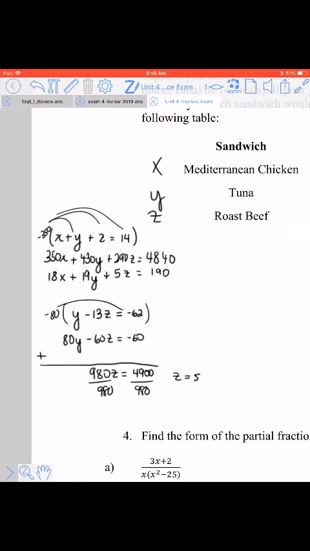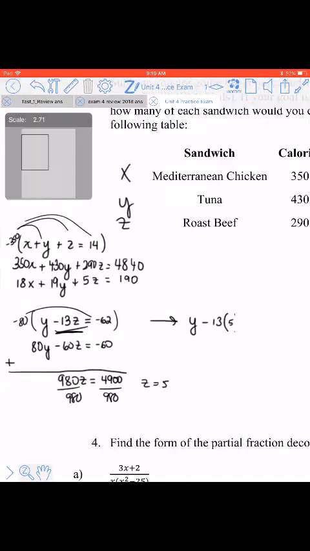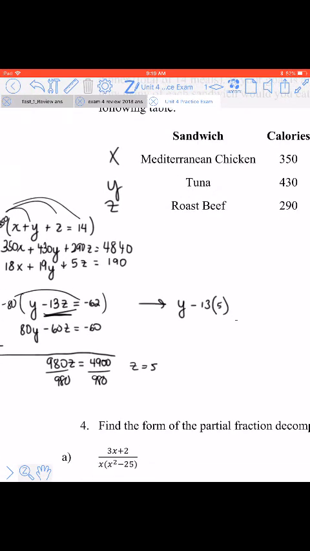Okay. So now if I take this middle equation, y minus 13 times 5, because I know that z equals 5, equals negative 62. So now just get y by itself. 13 times 5 is 65.